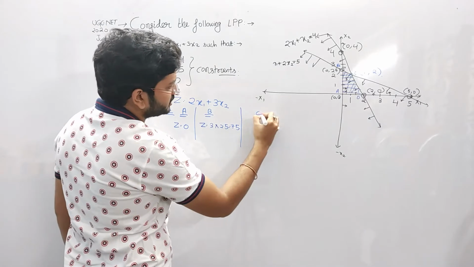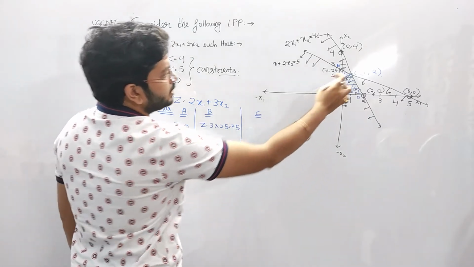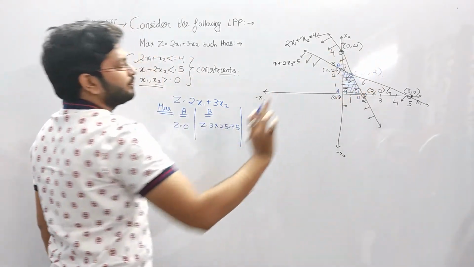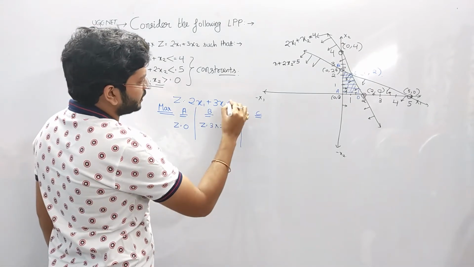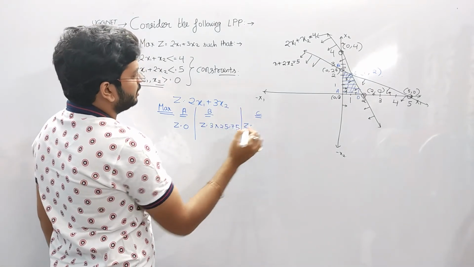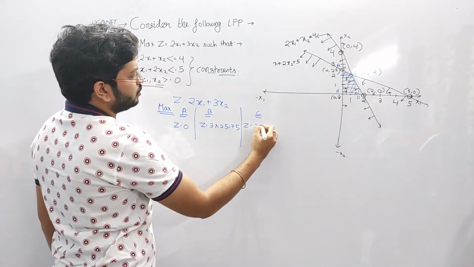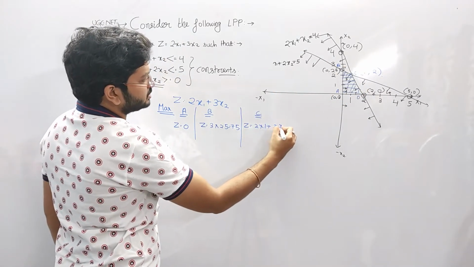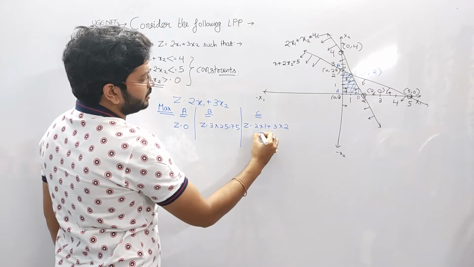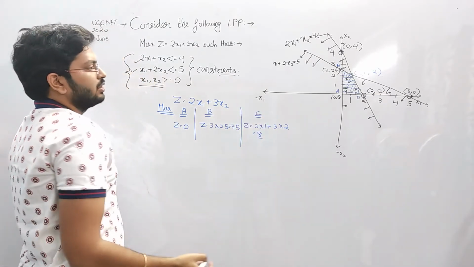Now coming to point C, x1 equal to 1 and x2 equal to 2. Putting this in the equation, z equal to 2 into 1 plus 3 into 2, which is equal to 8.